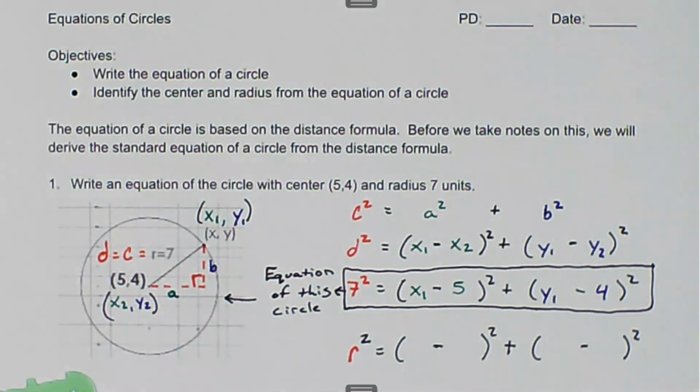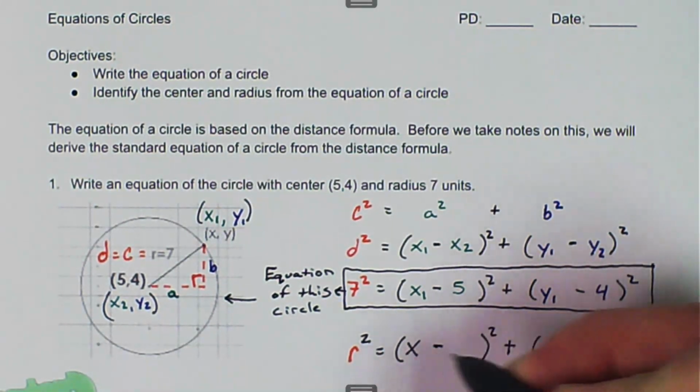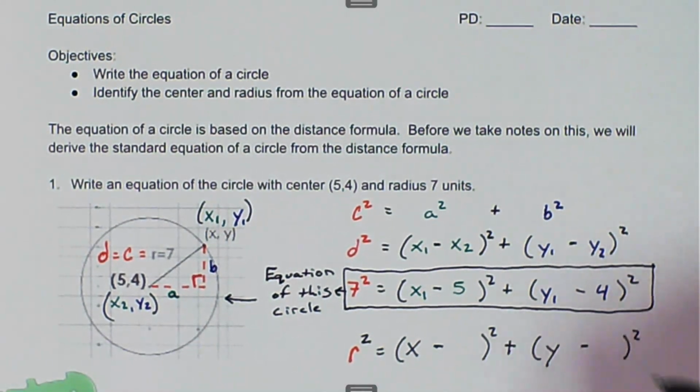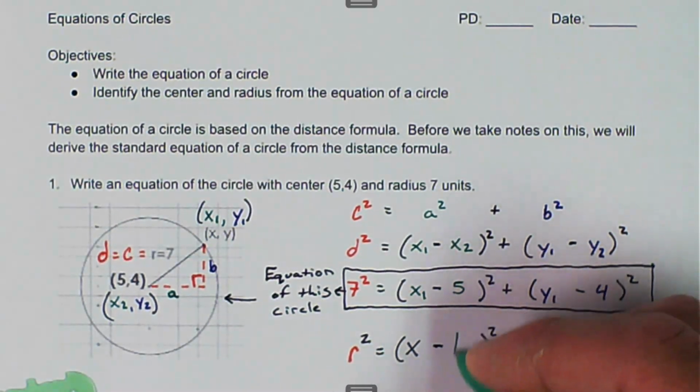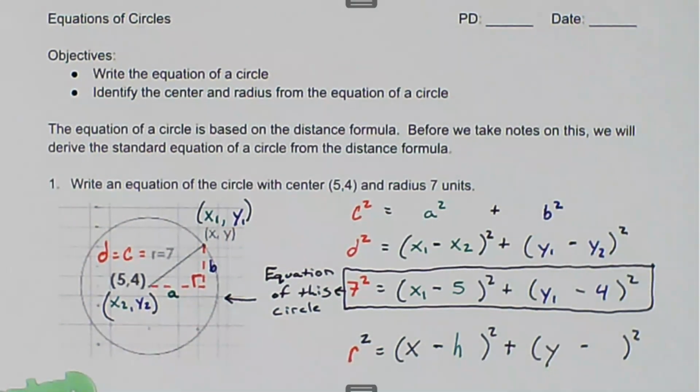We'll always have an x value that's on the circle and a y value that's on the circle. And then two things that we want to know are the center point, and the center point is going to be represented by h and k. So this is the general form of a circle.